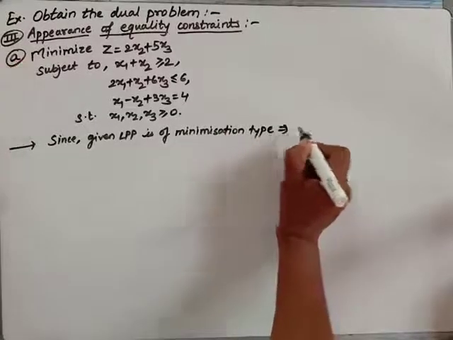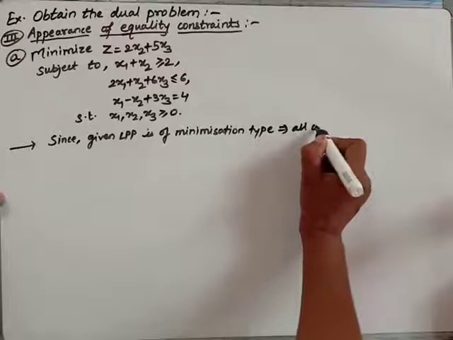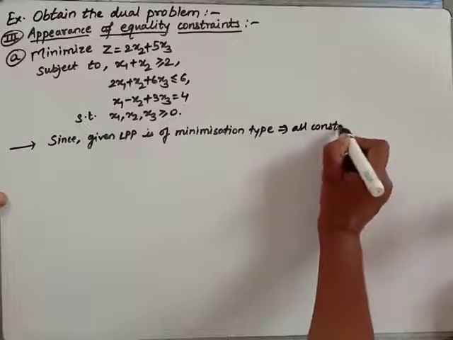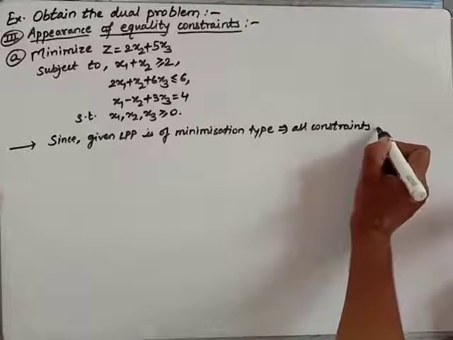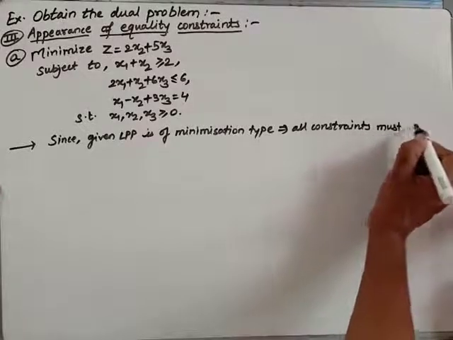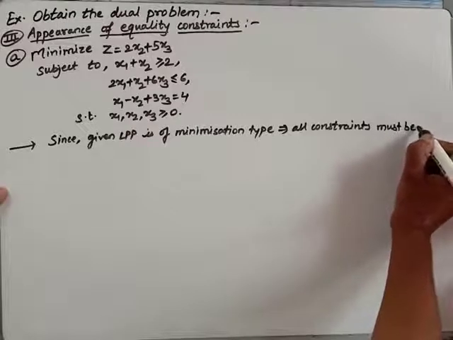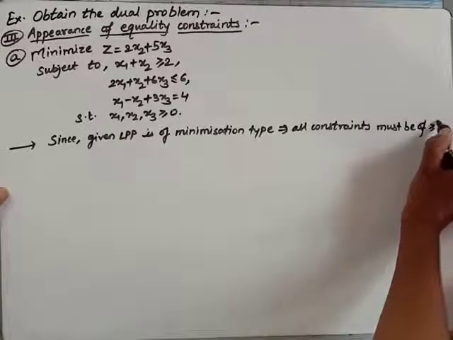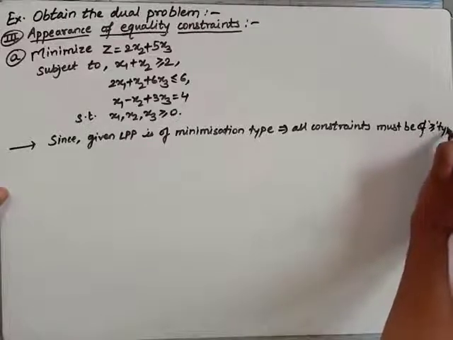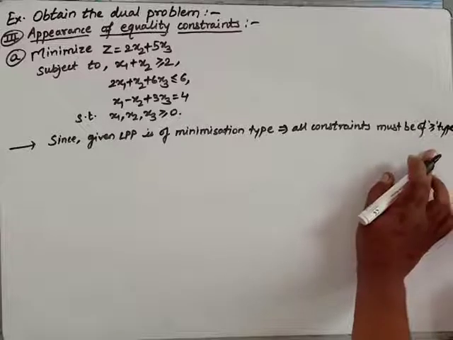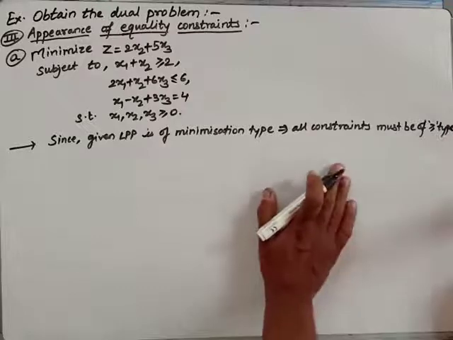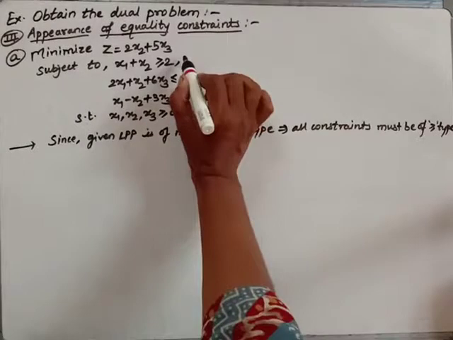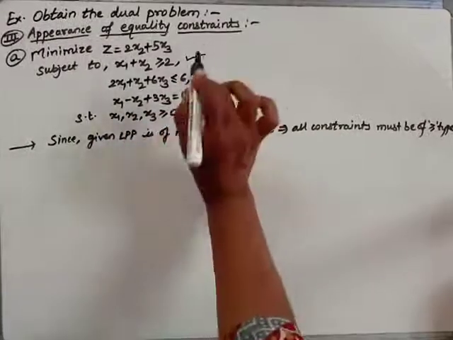So this implies all constraints must be of which type? Greater equal type. All constraints must be of greater equal type. This is important here. Now this first one is already a greater equal type, no matter.